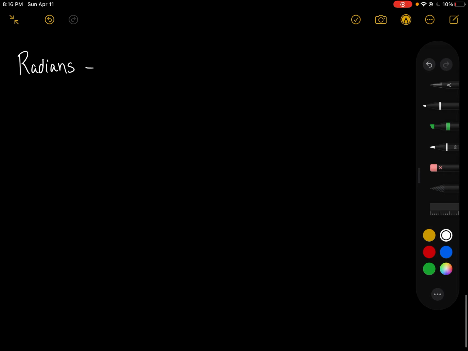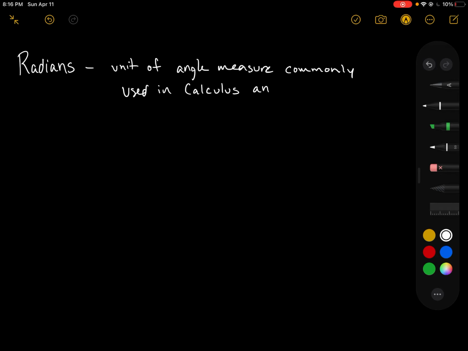All right, the last thing that we're going to cover is radians. It's a pretty standard unit of measure, commonly used in calculus and physics.